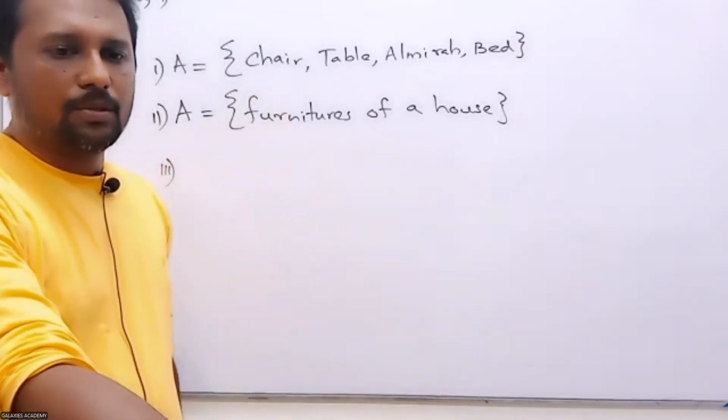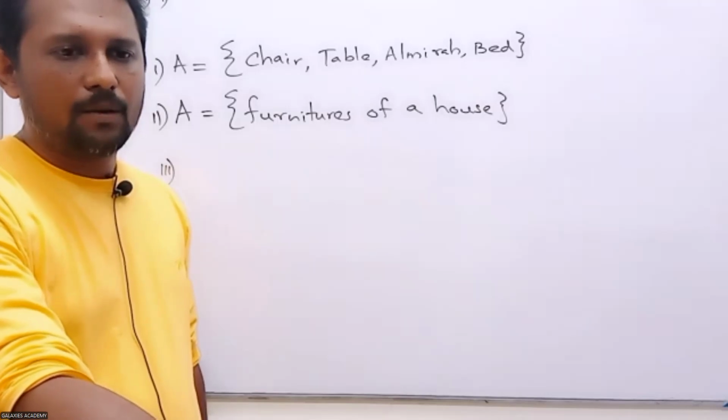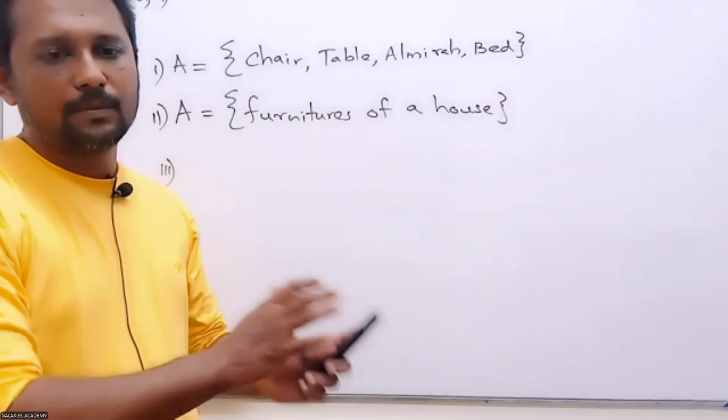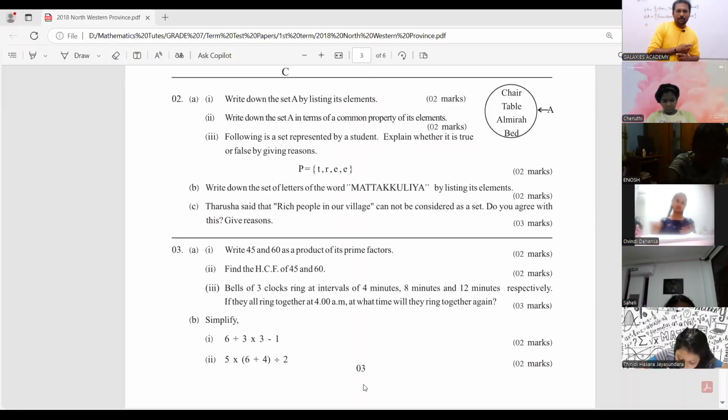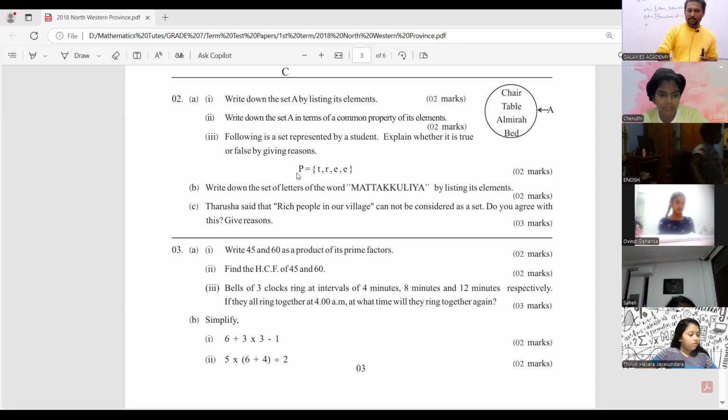Right. Then let's go to Roman number 3. Following is a set represented by a student. Explain whether it is true or false by giving a reason. You can see the student's representing method.